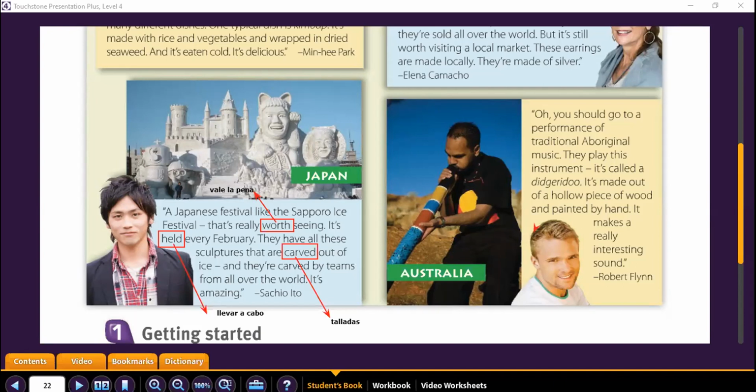It makes a really interesting sound. Robert Flynn. Exactly. It makes an interesting sound. So that's what Robert Flynn is saying. Yes, thank you. So you should go to a performance of traditional Aboriginal music.